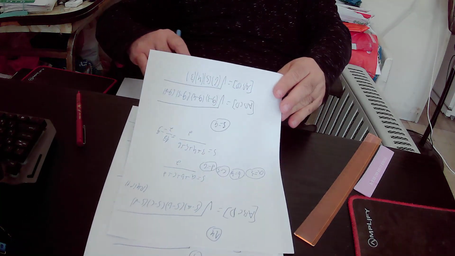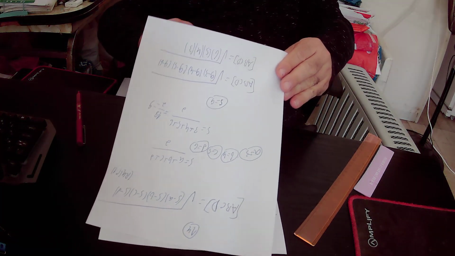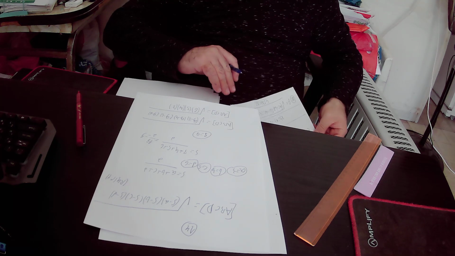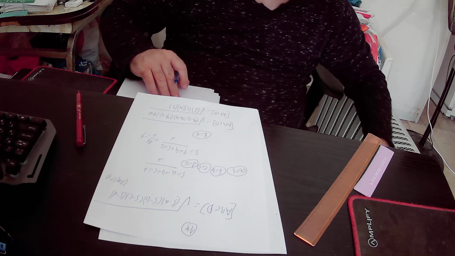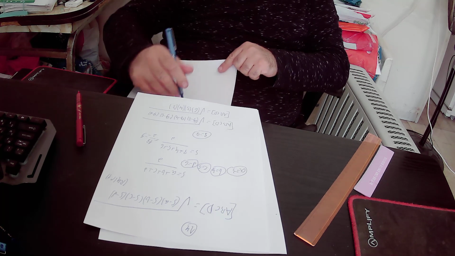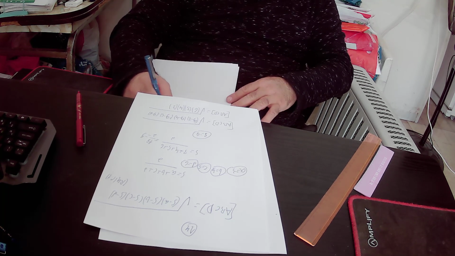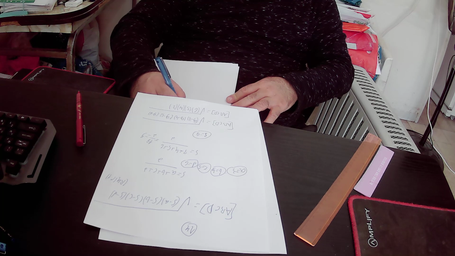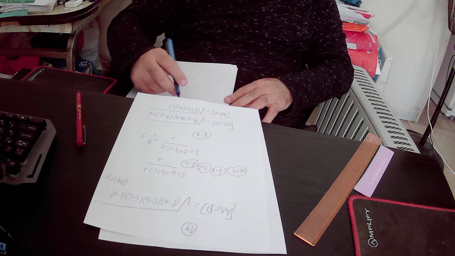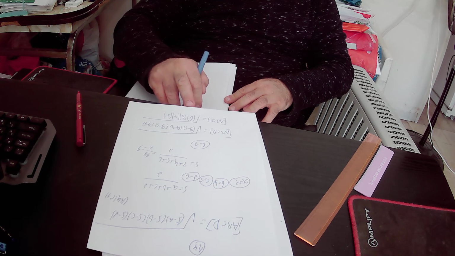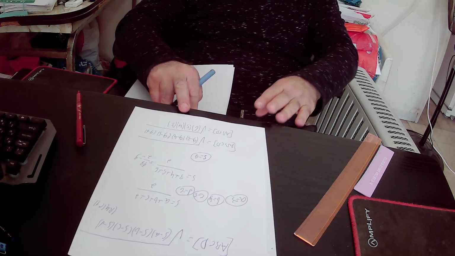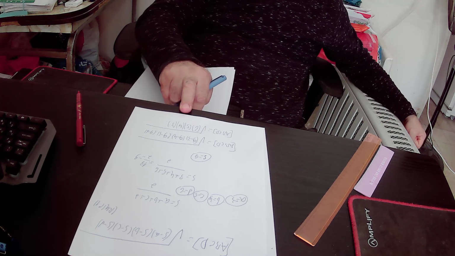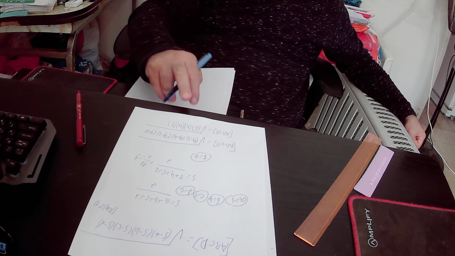So in total we found out that the area of quadrilateral ABCD equals 6 times 5 is 30, 30 times 4 is 120, 120 times 3 is 360.